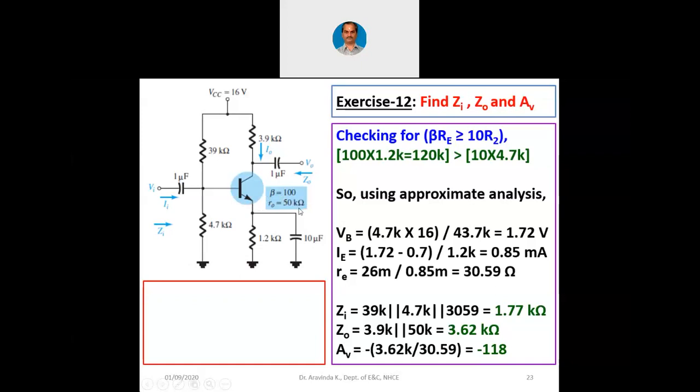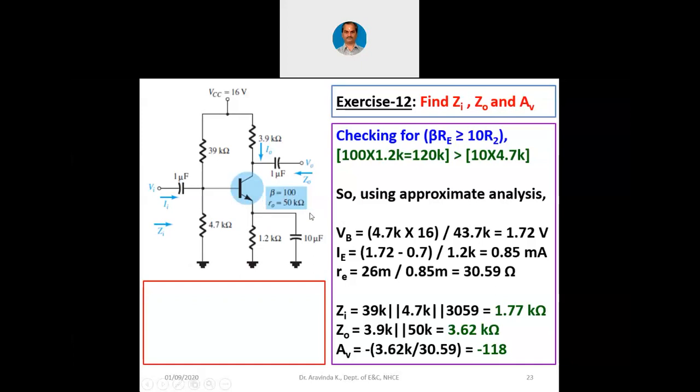The output resistance across collector and emitter cannot be 0. Actually, the output resistance of the transistor will be much larger, we are already seeing it is 50 kilo ohms, whereas the value of the collector resistor is quite smaller. So when we compute Z0, 3.9K parallel with 50K, we get around 3.62 kilo ohms.